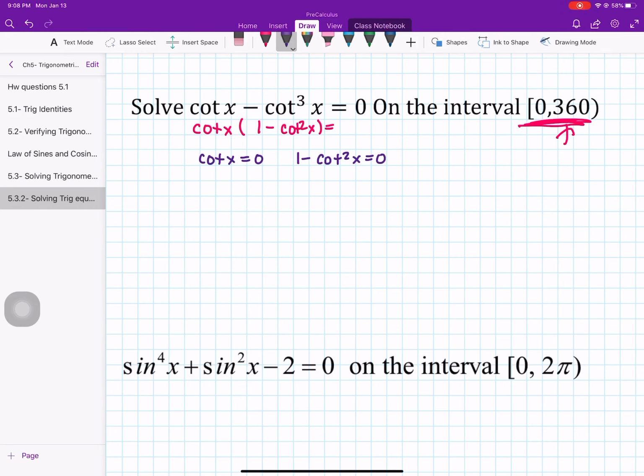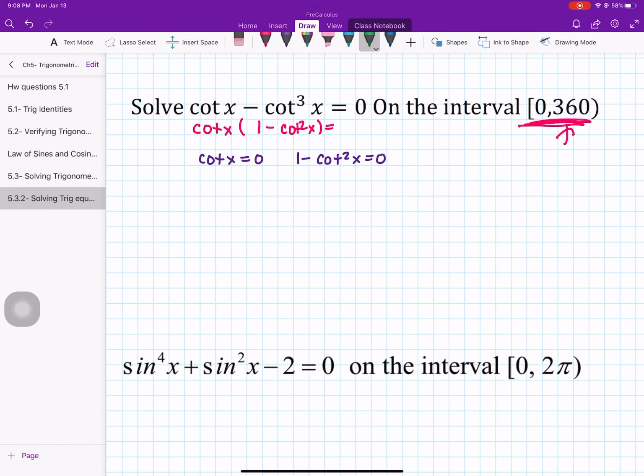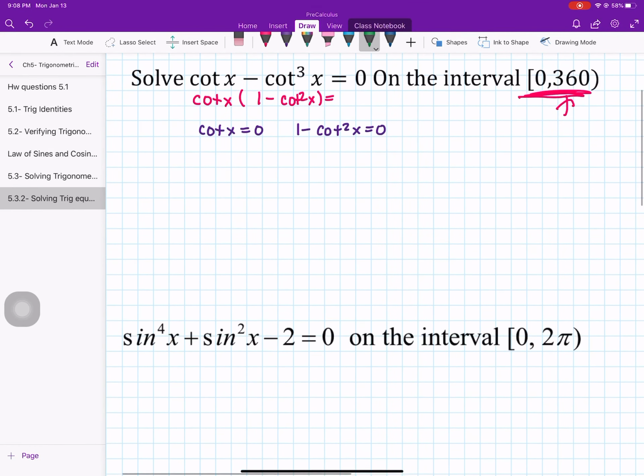So a lot of times we don't like to think about cotangents, we like to think about tangents. So we have the tangent of x. If you flip this side, you will also flip this side. Has to be 1 over 0 or undefined. Here, you're going to subtract the 1.